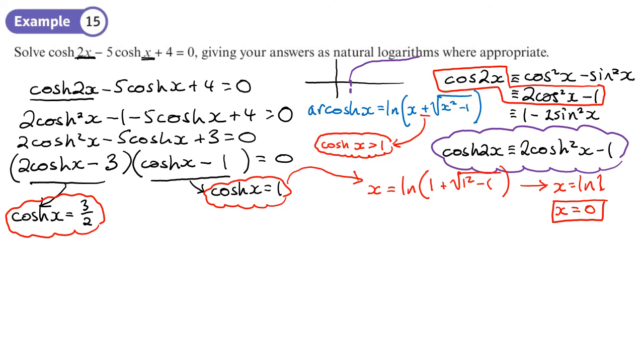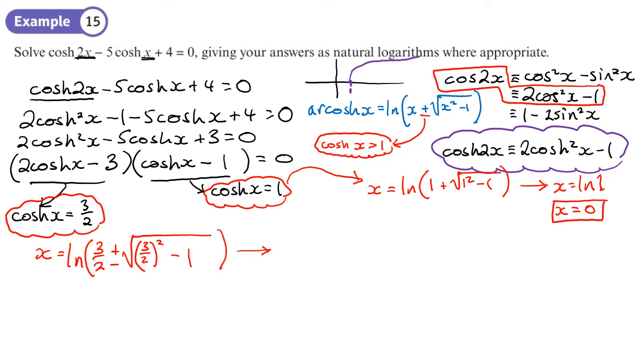So we'll do the same over here. If we do the arc cosh to both sides, we'll end up with x equals the log of 3 over 2 plus or minus the square root of 3 over 2 all squared minus 1.